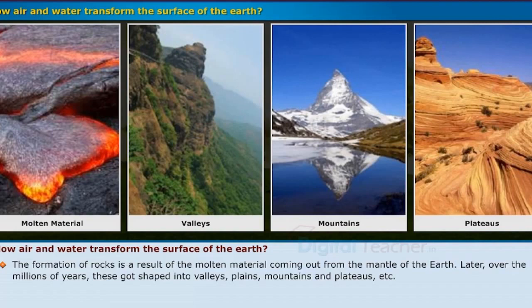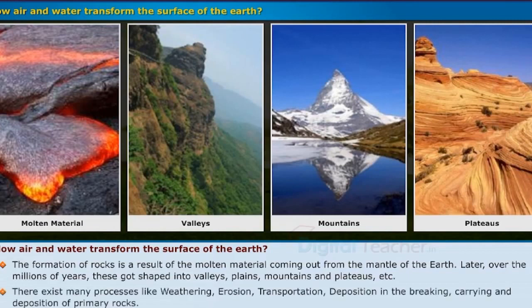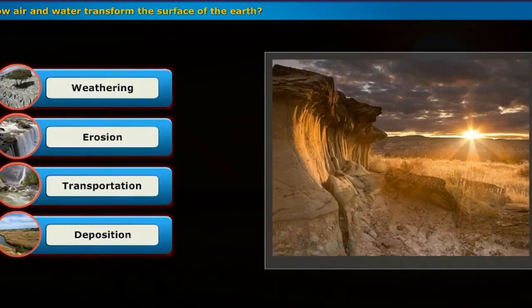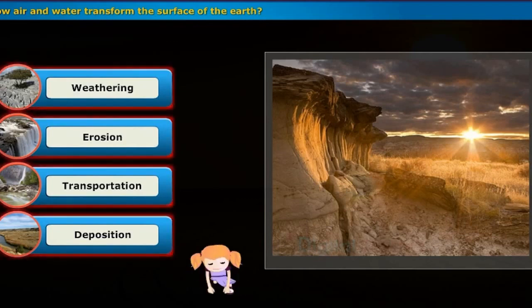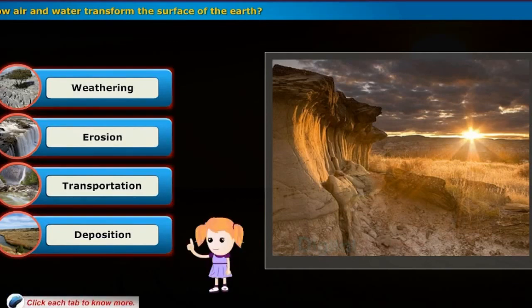Later, over millions of years, these got shaped into valleys, plains, mountains, and plateaus, etc. There exist many processes like weathering, erosion, transportation, deposition in the breaking, carrying, and deposition of primary rocks. Weathering, erosion, transportation, deposition. Click each tab to know more.